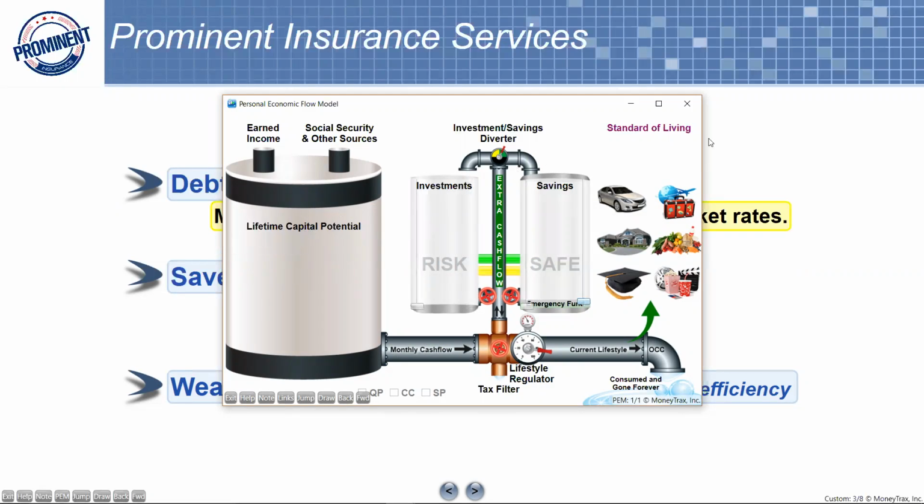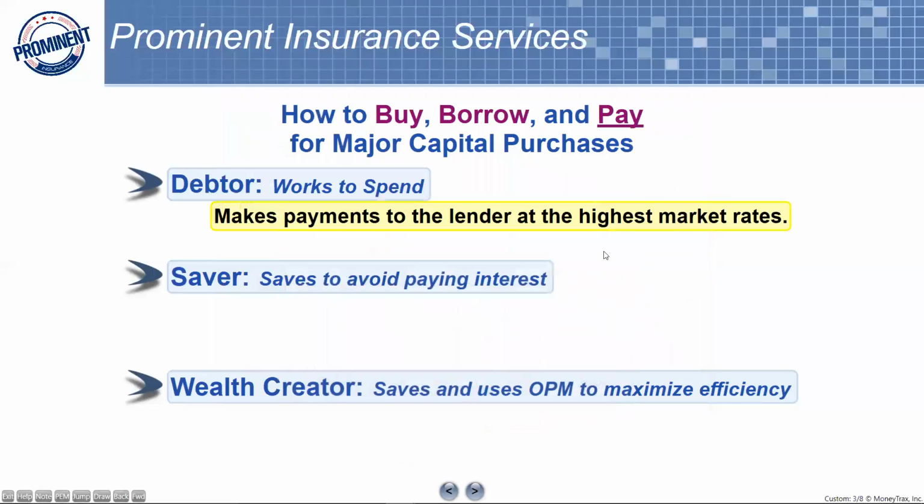And the majority of the time, you're at the highest market rates, because you may have bad credit, because you're overextending your credit cards. Your utilization is very high with your credit cards, so it has an impact on your credit score. The debtor is a bad place to be.